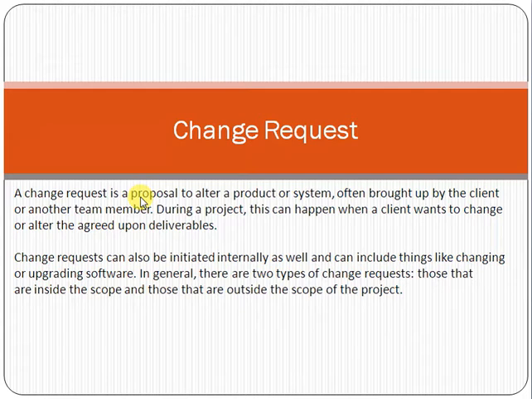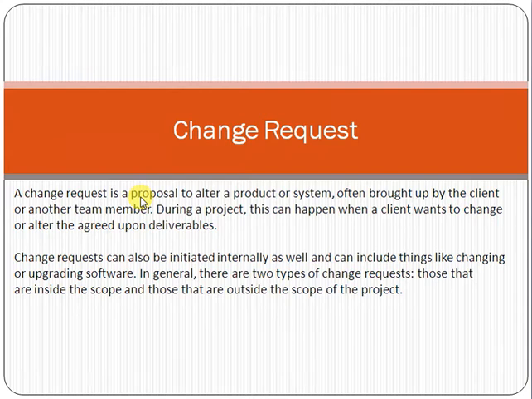So now it's a change. Why is it a change? Because as per the signed scope, there were only 5 modules which we have to deliver. Now you are saying that you need one more module. As per the definition, it is a change because as per the signed scope of work we have to deliver only 5 modules.